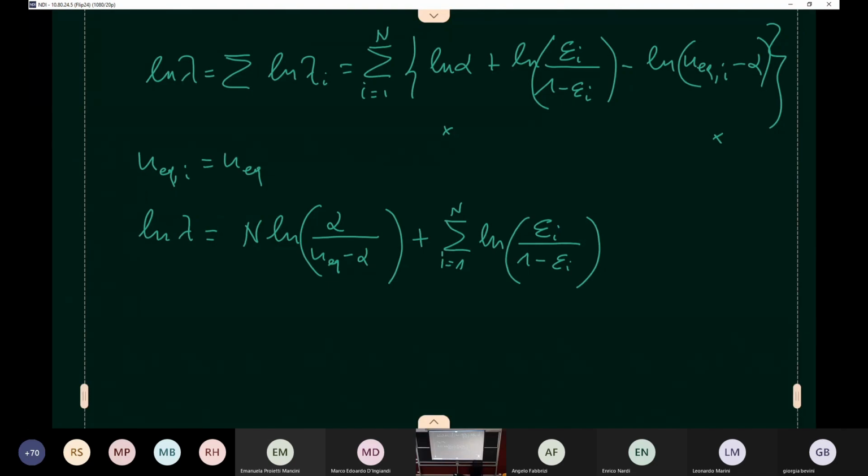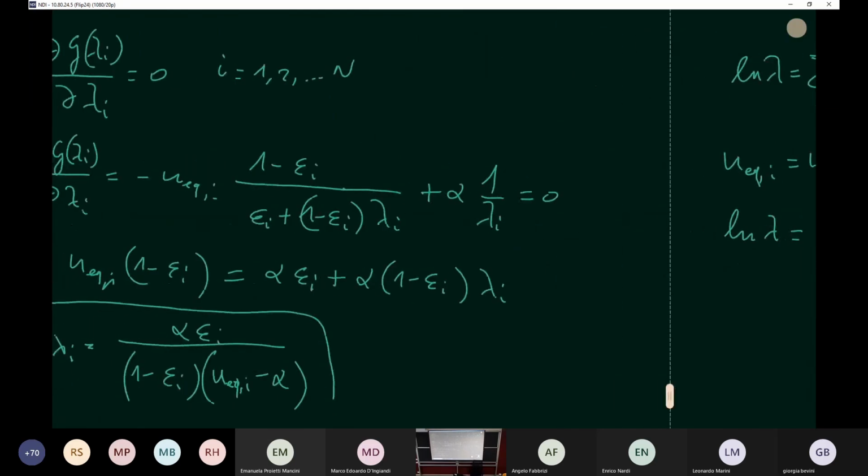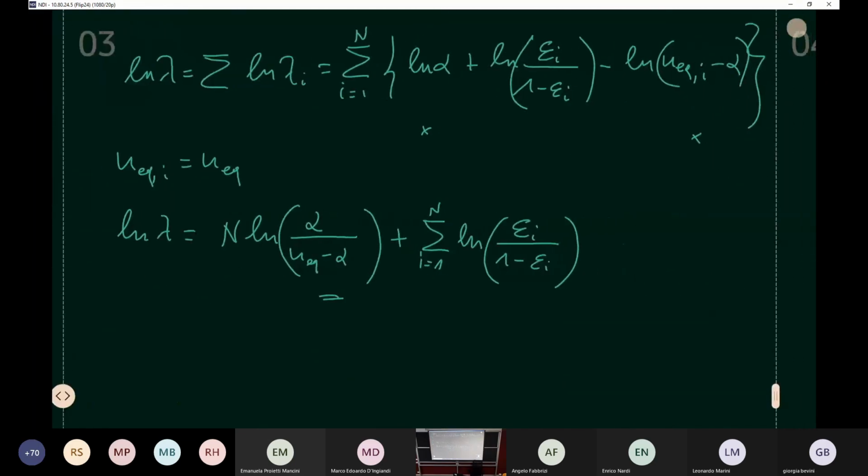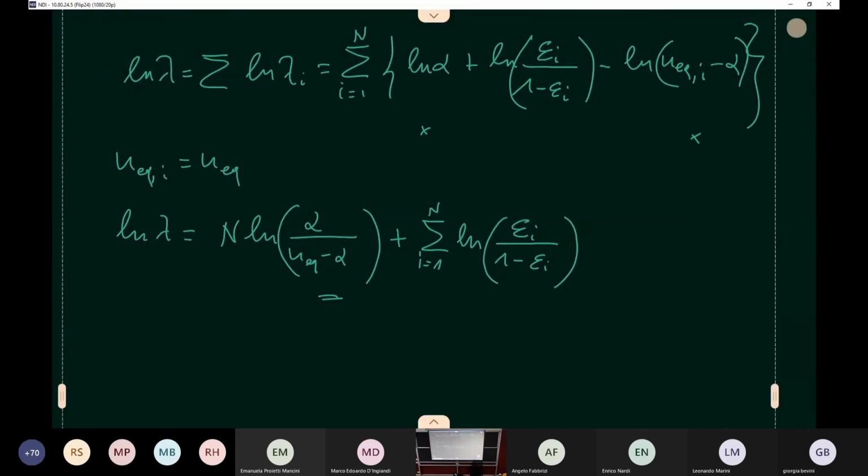So from this equation, we can go back to alpha and then to lambda I for each stage. We can obtain this term here that is the same that appears in this expression: alpha over u eq minus alpha. So what we can do is obtain this expression.